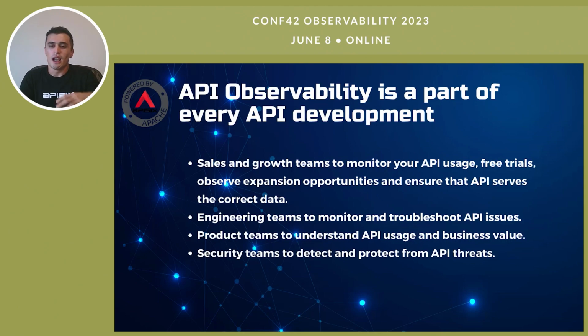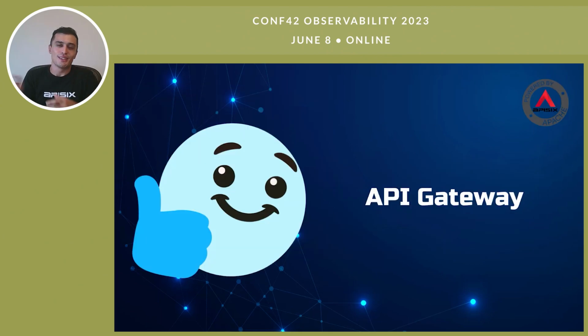The lines of business need to see the business value that your API is bringing in areas such as monetization, customer adoption, and new channel opportunities, like when you are establishing a new business integration with other APIs. And the security teams use it to detect and protect from any API threats. And here the question arises: what is the easiest way to make our API observable?